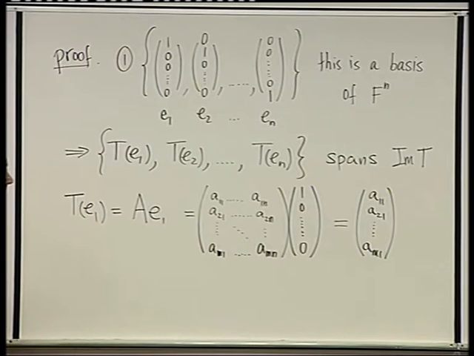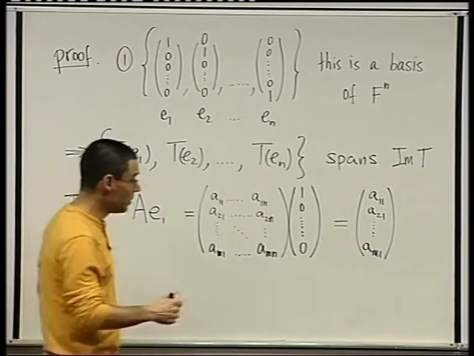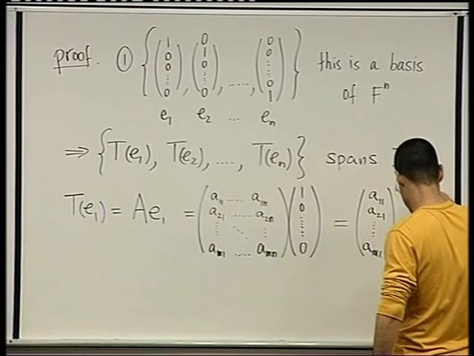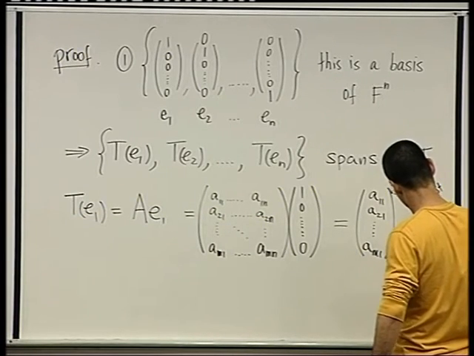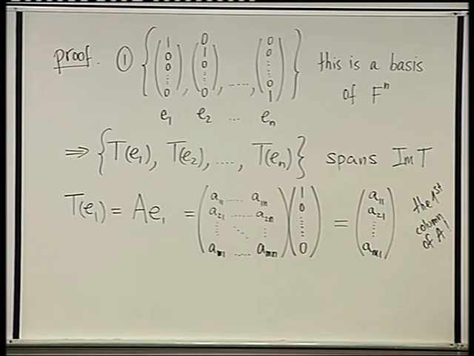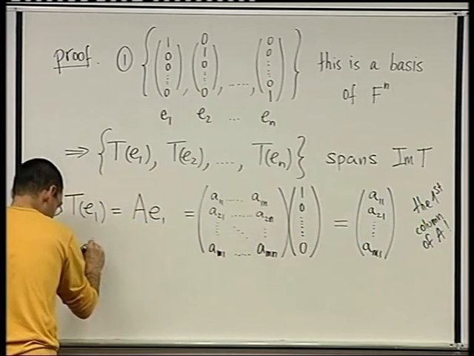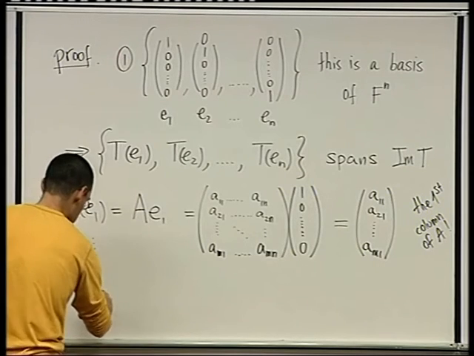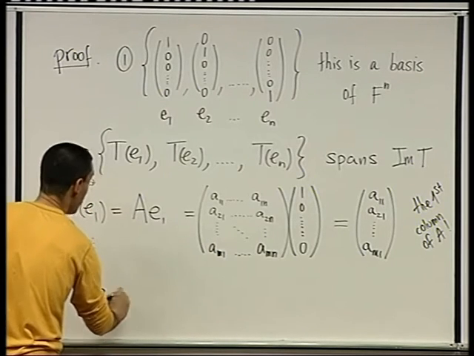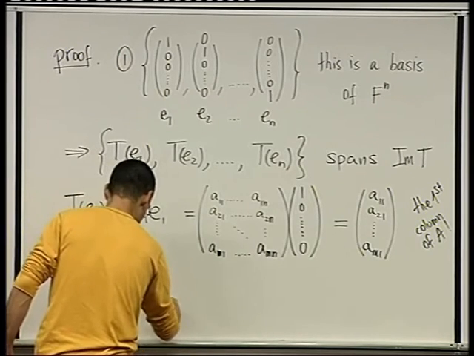Do you agree? So what is that? It's the first column of A. Okay, and likewise, you can do it for all of these T of Ei's, and in general T of Ej is going to be equal to A times Ej.